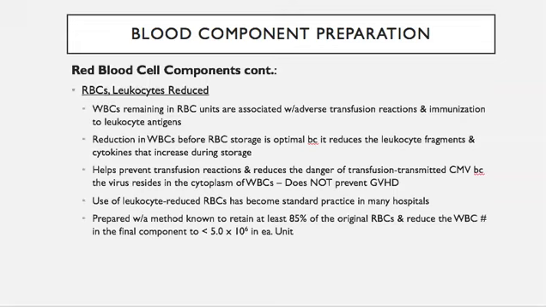This helps prevent transfusion reactions, and it reduces the danger of transfusion transmitted CMV because the virus resides in the cytoplasm of white cells. But this does not prevent graft versus host disease. Use of leukocyte-reduced red cells has become standard practice in most hospitals, and it's prepared with a method that's known to retain at least 85% of the original red cells and reduce the white cell number in the final components to less than 5 times 10 to the 6th in each unit.